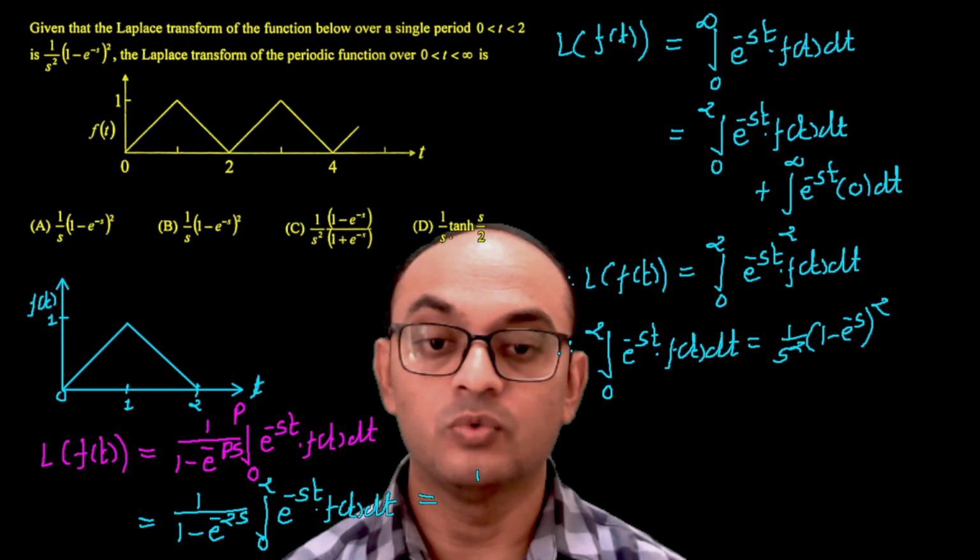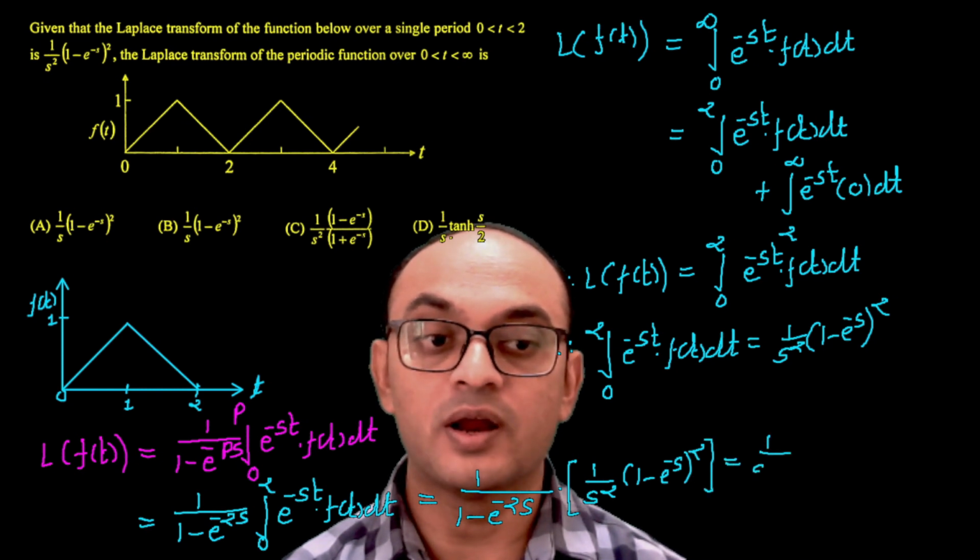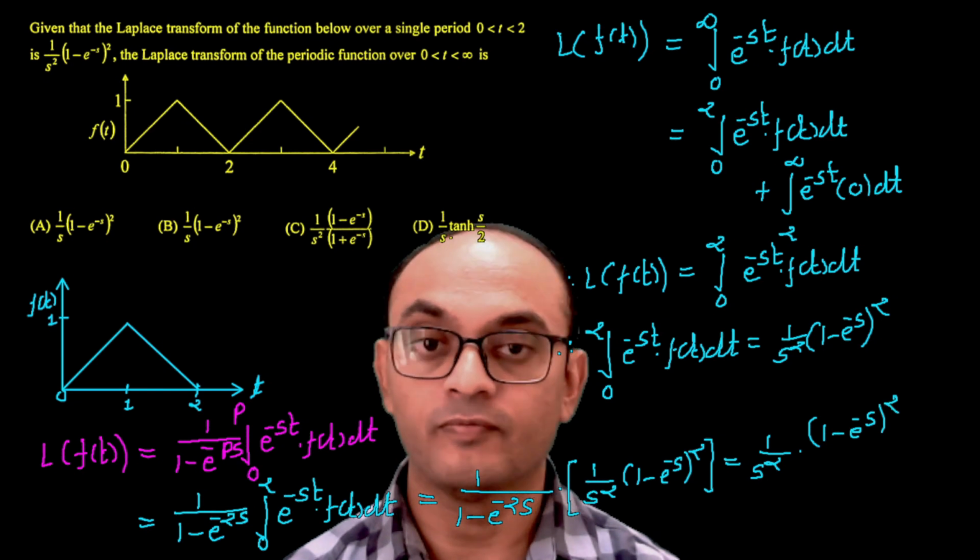Equal to 1 upon 1 minus e raised to minus 2s into 1 upon s square into 1 minus e raised to minus s whole square, which can be represented by 1 upon s square into 1 minus e raised to minus s whole square.